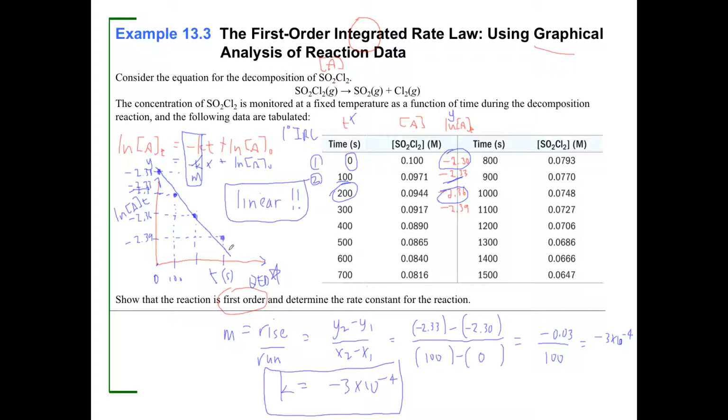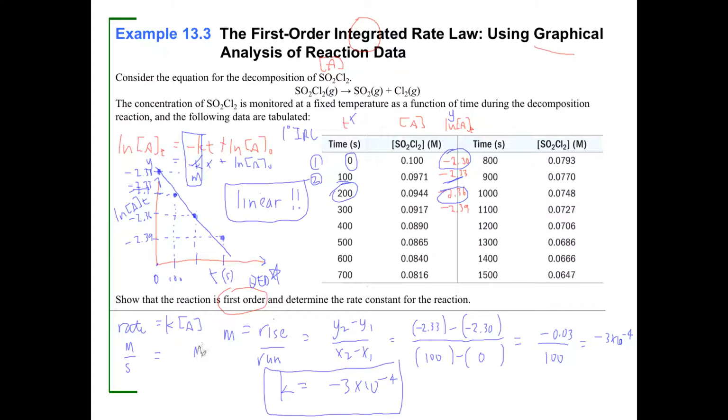Oh, you know what? I do need to put the units in here, sorry. So if it's first order, then my rate is equal to K[A]. My rate is going to be in molars per second, right? That's how rates are.